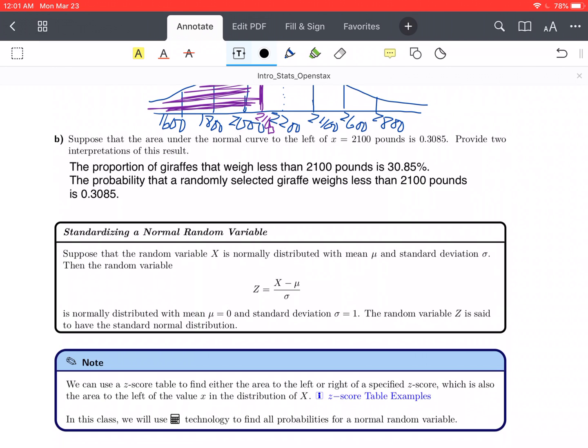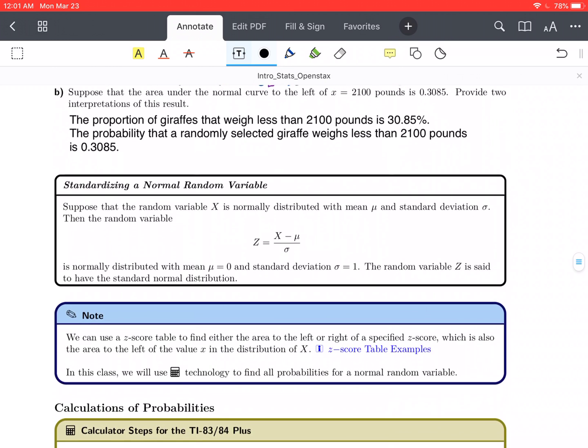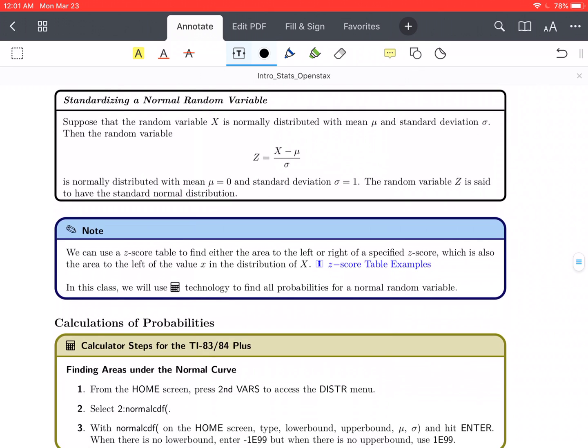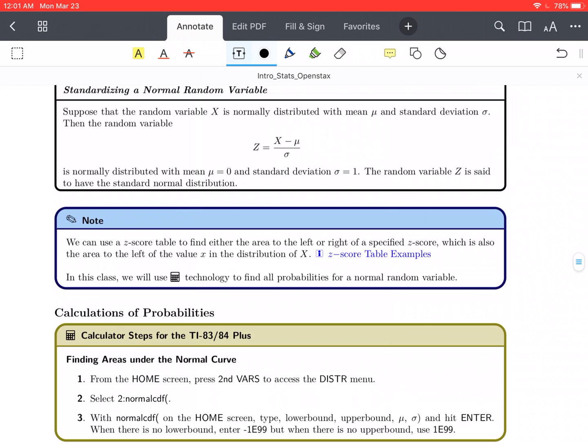This is also going to be helpful on a technological aspect because we can work with the standard normal curve in all cases. We don't have to worry about trying to find that curve somewhere on these high values. Now, if we were finding the z-score manually in class, we would use the z-score table, and we would have a lot of discussion on how to read it.